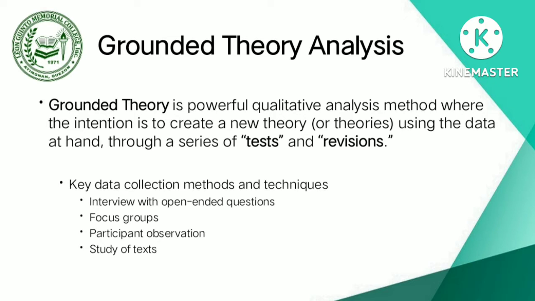In other words, it involves generating a theory through the collection and analysis of data. The theory explains how an event or aspect of the social world works. The main feature of grounded theory, which differentiates it from other qualitative data analysis methods, is its focus on theory development.